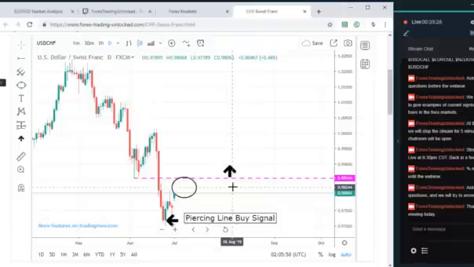However, a lot of times when you have signals such as the piercing line buy signal, whether it's rallying into a sell signal or breaking into a buy signal, when you have a Japanese candlestick pattern that stamps that high or that low, meaning that after time that holds, that is usually the beginning of a new trend.